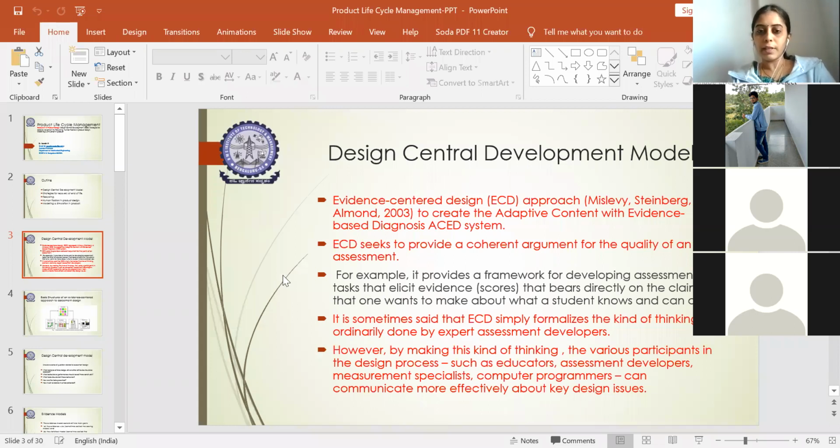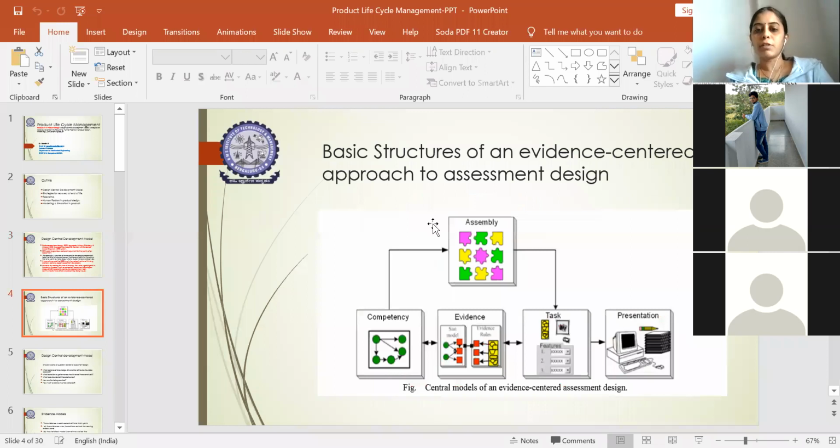This is needed to generate an assessment-based model, because many designs come into picture, and when a design engineer or team leader has to identify the optimized design, there should be an assessment tool to identify which is the more competitive design concept. For that, they should have a design assessment model. This model is called the design central development model, and it was originated and developed in the year 2003.